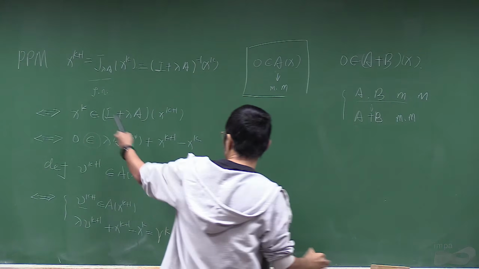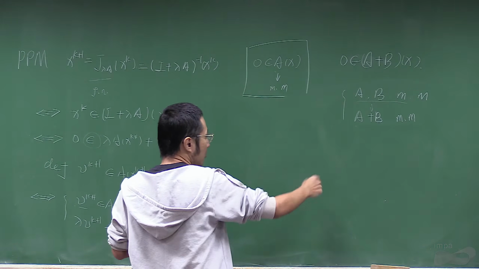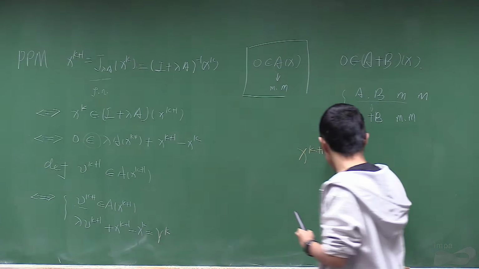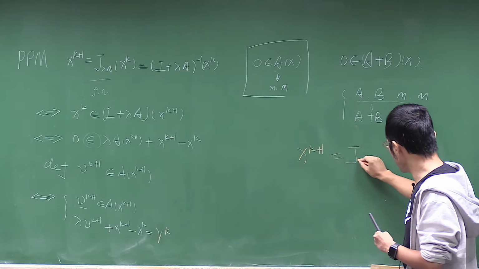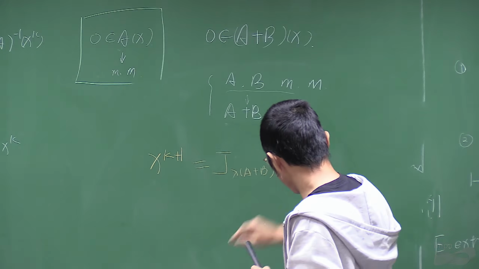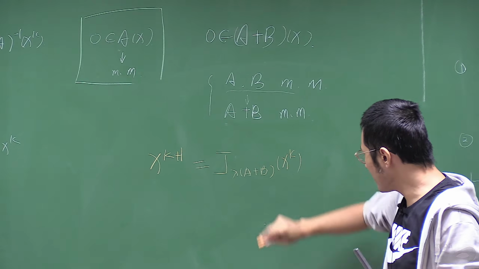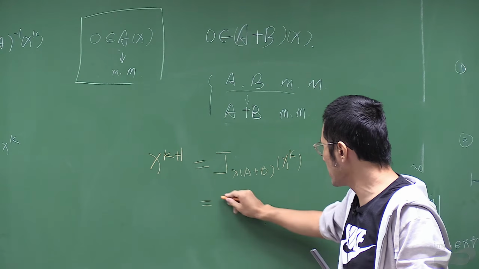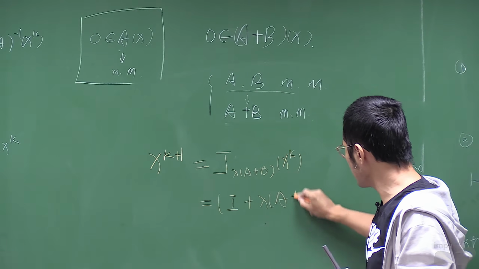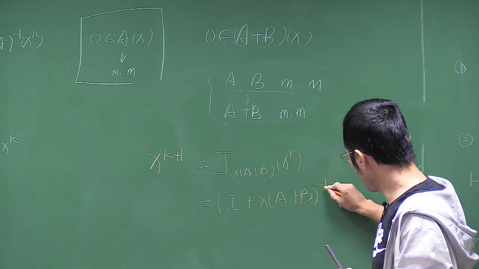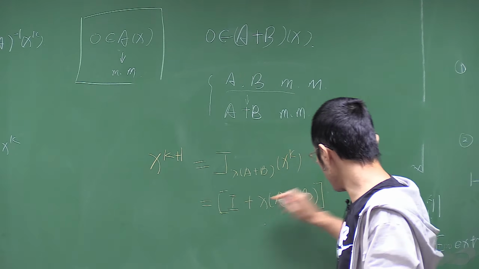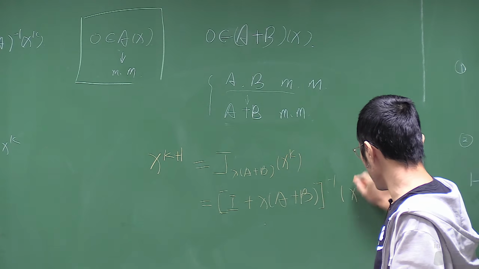If we use the PPM to solve these problems, what can we get? We get x_{k+1} equals the resolvent of A plus B of x_k. By the definition of the resolvent, it equals (I plus lambda(A plus B)) inverse of x_k.